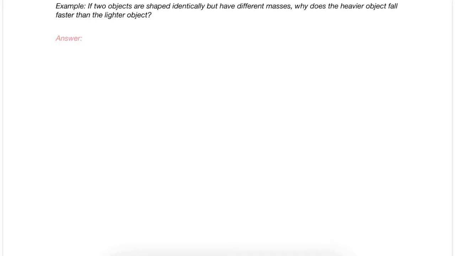And so to do that, let's look at, say, a 1 kilogram object and a 10 kilogram object. And so what we want to do is look at both as they fall.